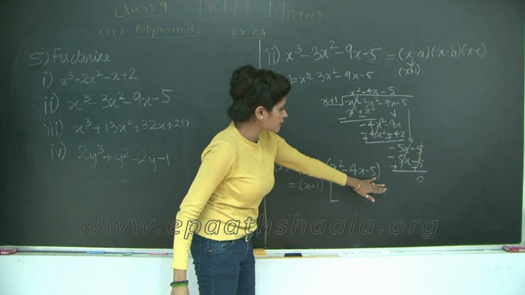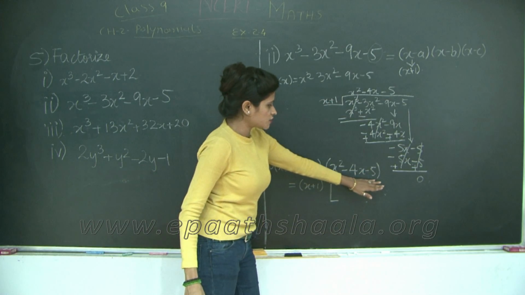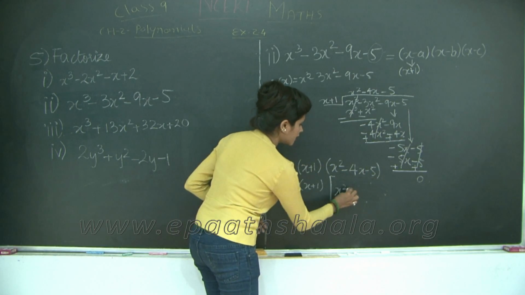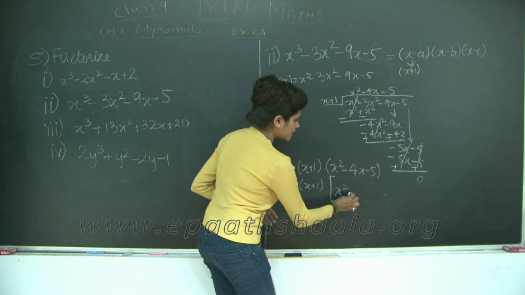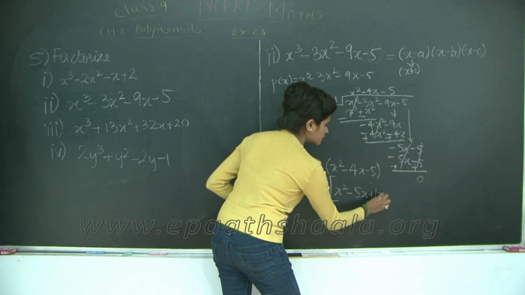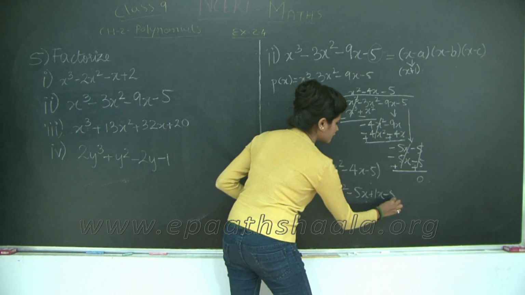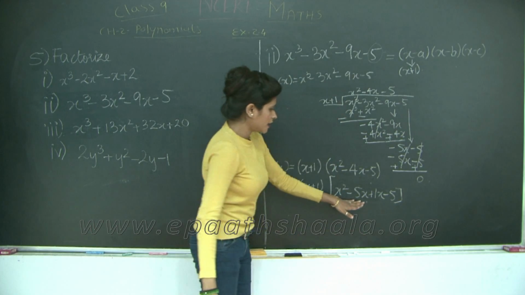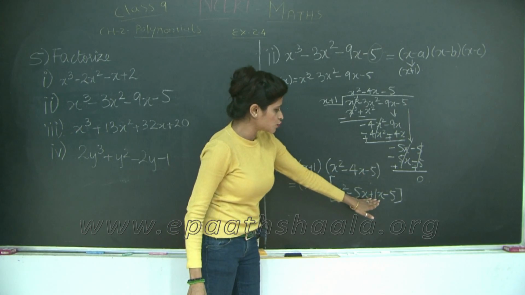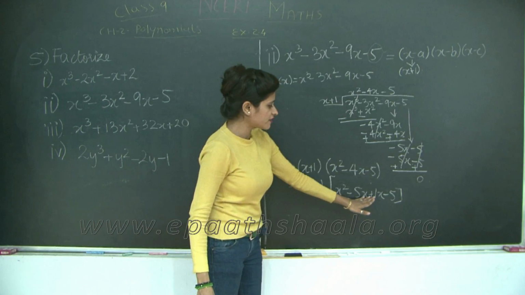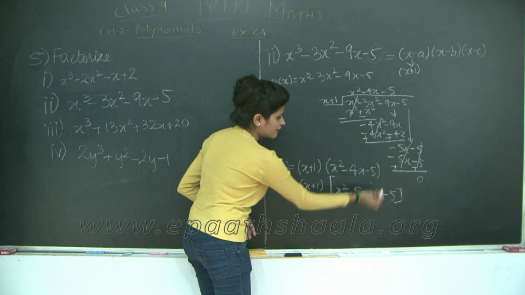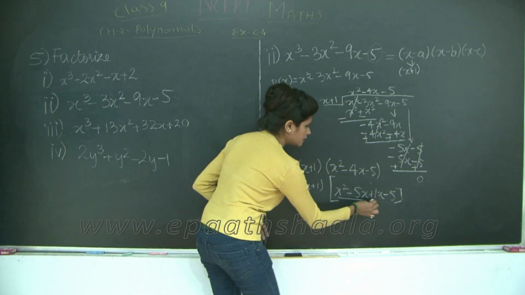I need to split 4 such that the product is 5. So x square minus 4x can be written as minus 5x plus 1x, right, minus 5. Let's check. Minus 5x plus x gives me minus 4x, and minus 5 into plus 1 gives me minus 5. So here I have minus 5. I'm going to box it up.